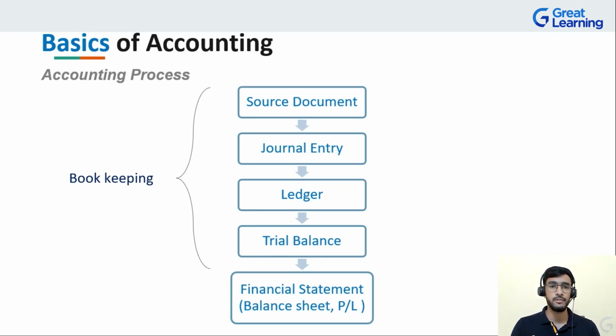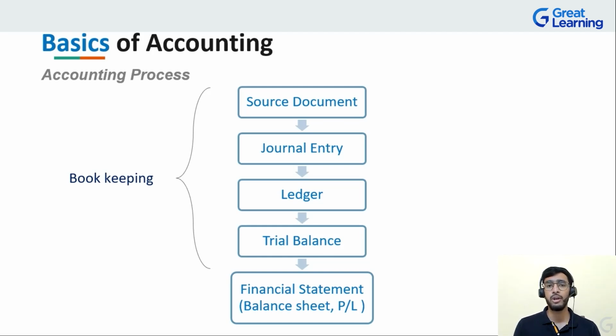This process of transferring the debit and credit to the ledger is known as posting. That's the technical term used for the transfer from a journal entry to a ledger. As we transfer this data, you get one proper figure for the transactions of the T account in the name of Rohan.